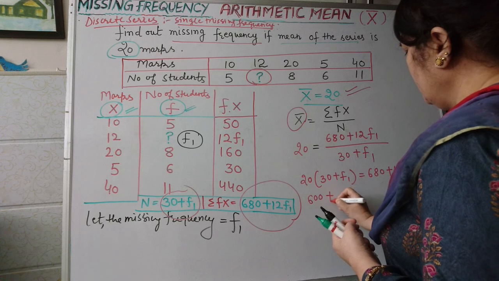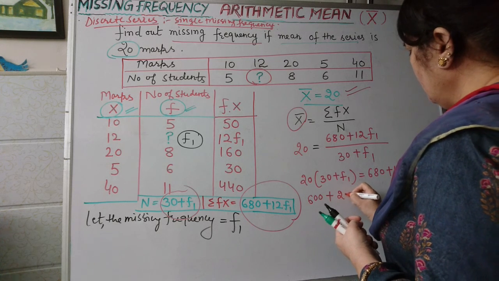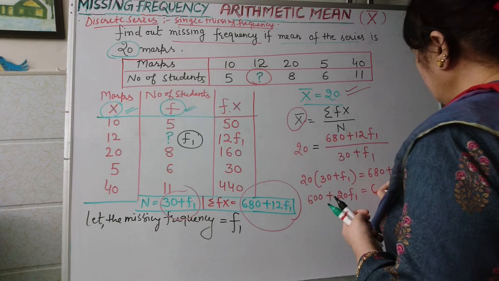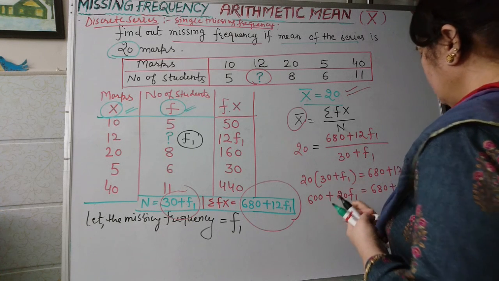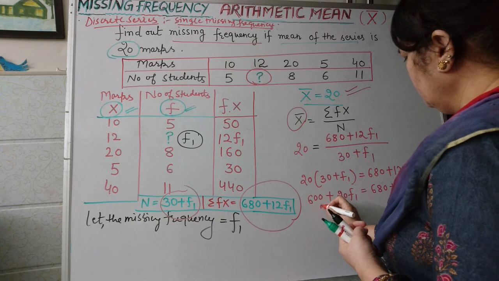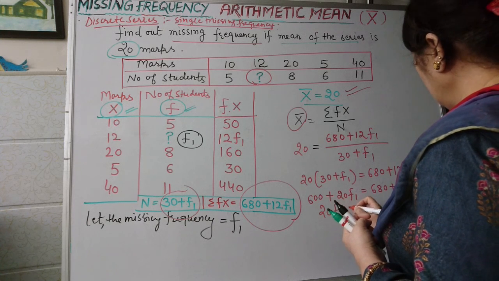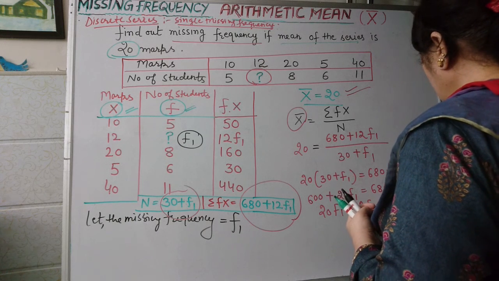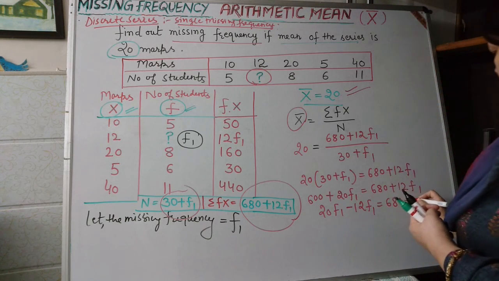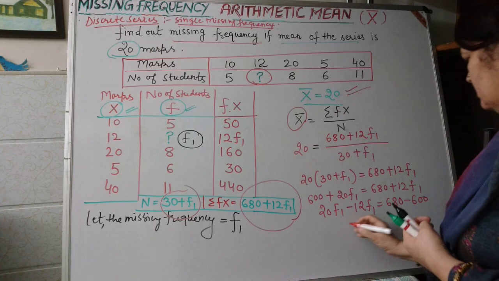Or 600 plus 20 f1 is equal to 680 plus 12 f1, or 20 f1 minus 12 f1 is equal to 680 minus 600.